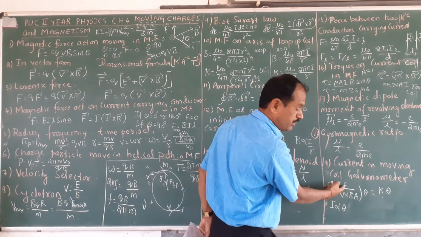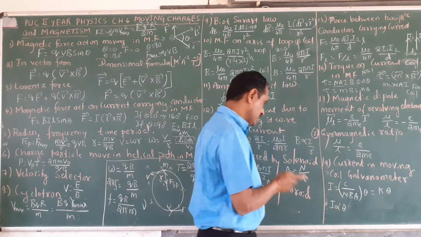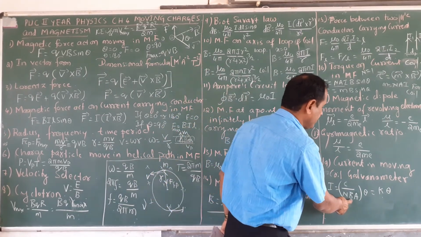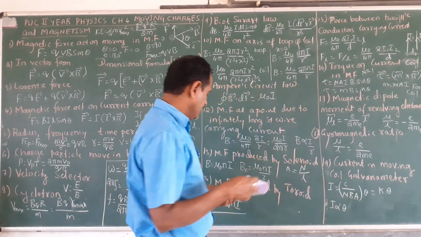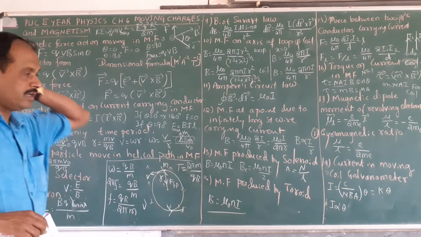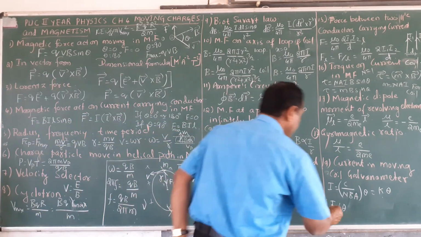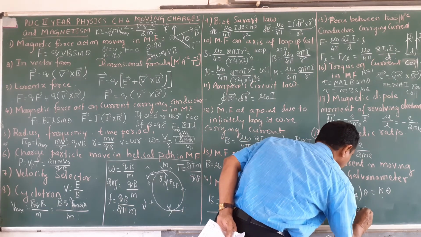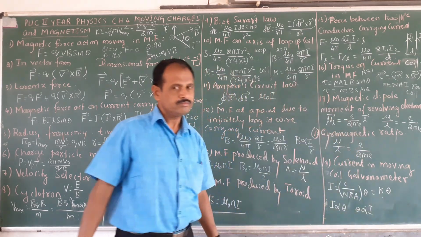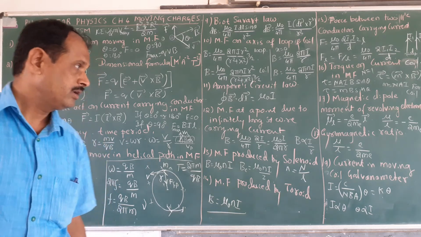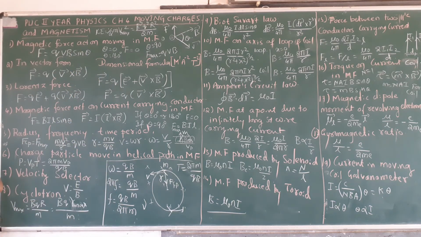Here C is couple per unit twist, N is the number of turns in the coil, B is the magnetic field and A is the area of the coil. Now theta is the angle of deflection of the coil. Now I is proportional to theta, or theta is proportional to the current flowing through the moving coil galvanometer. The current in the moving coil is directly proportional to the angle of deflection.